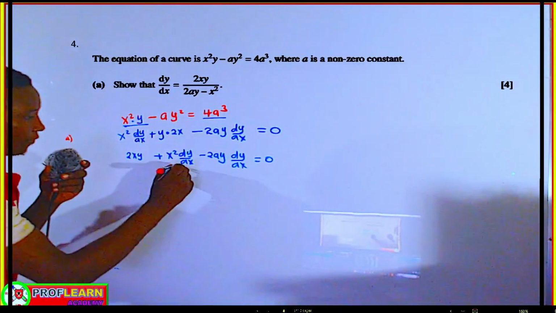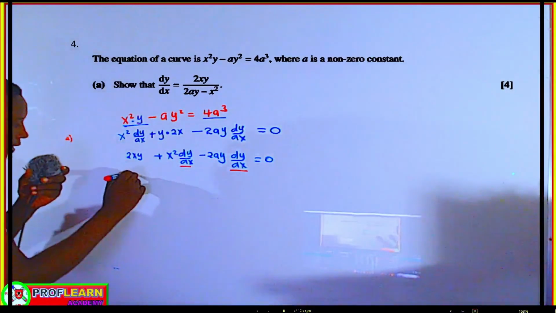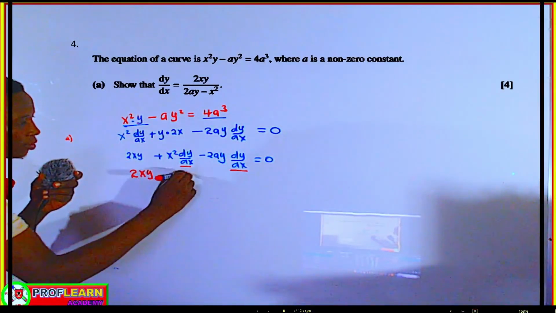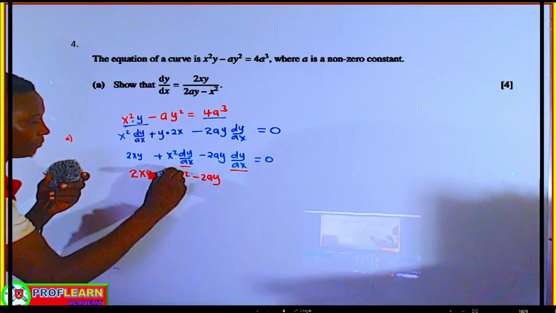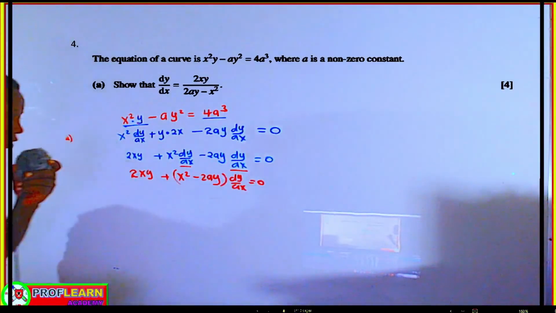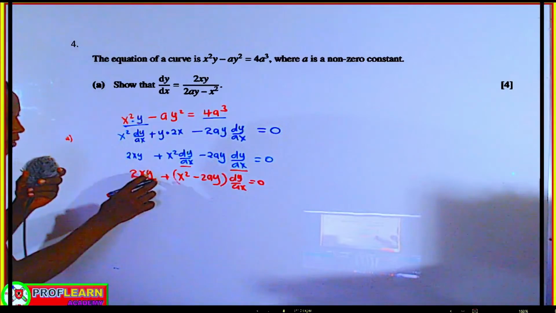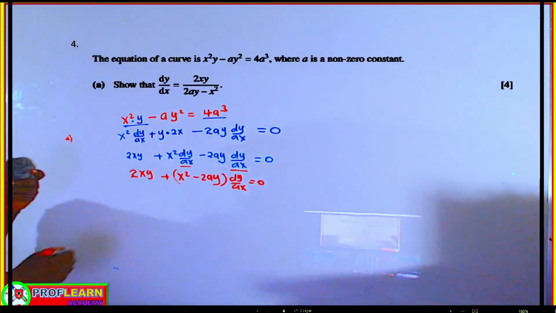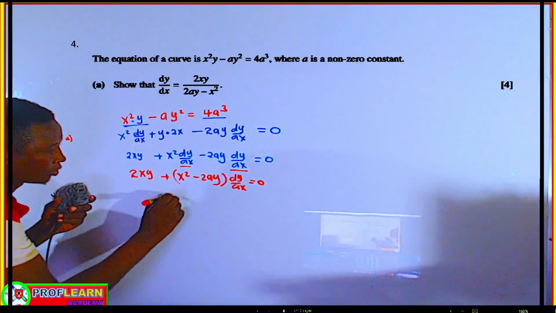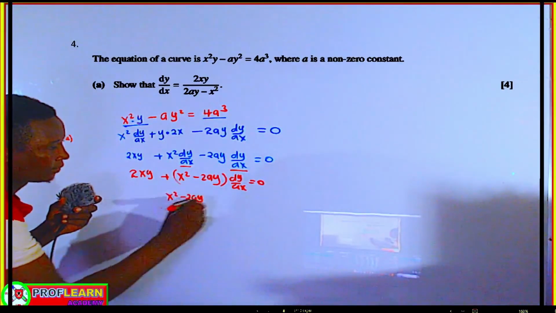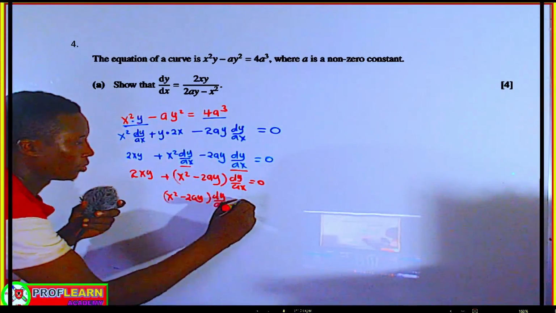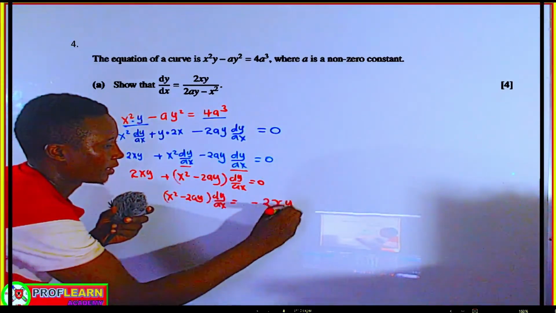But since we have dy dx, we can factor out, and we shall say this 2y plus x squared minus 2ay dy dx is actually going to be equal to 0. So we shall take this guy on the other side of the equal sign, and we are going to end up having x squared minus 2ay dy dx is equal to minus 2xy.